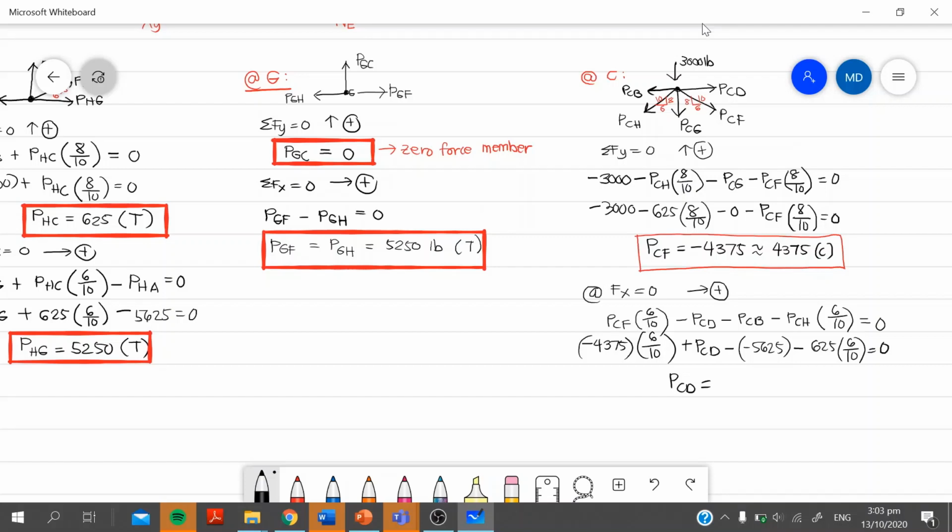At joint C. So the answer would be negative 2625. So compression, so 2625 pounds compression.